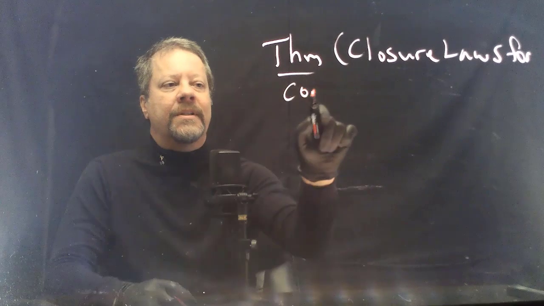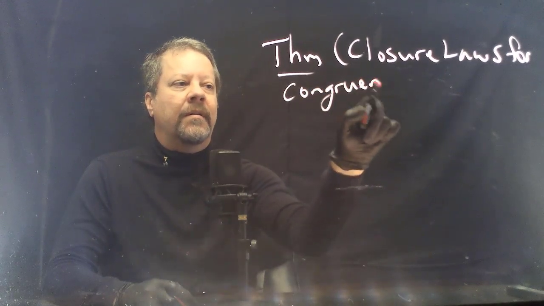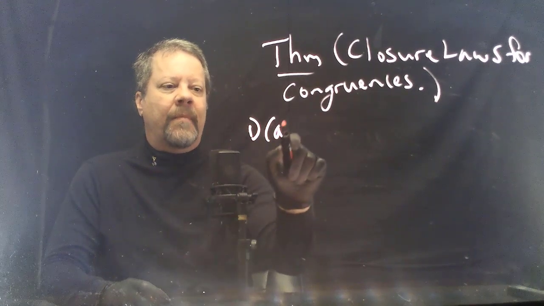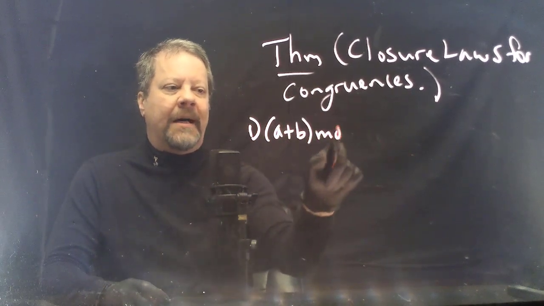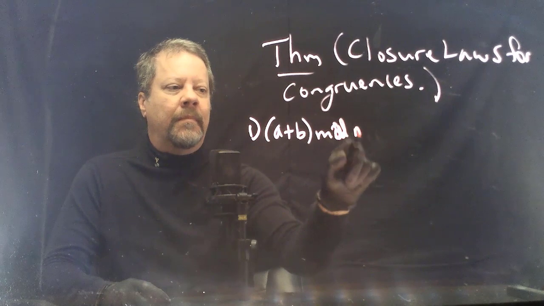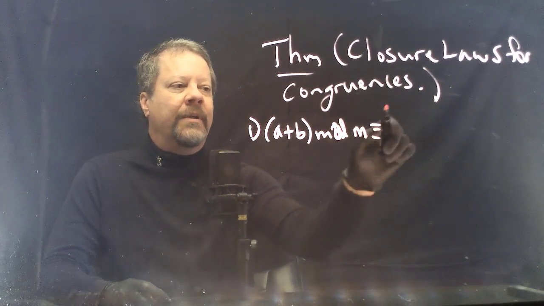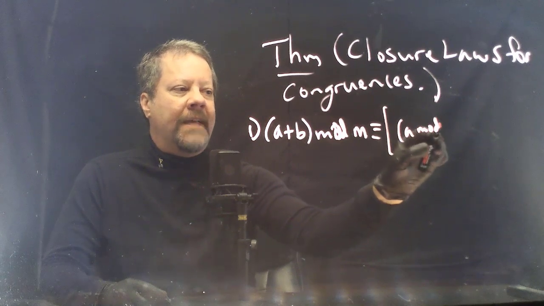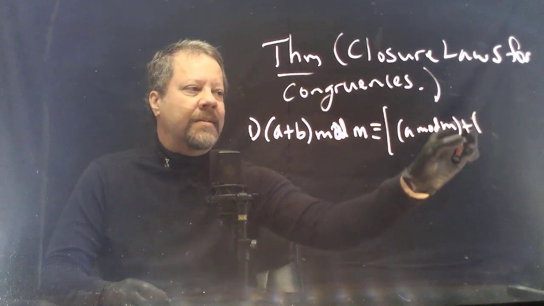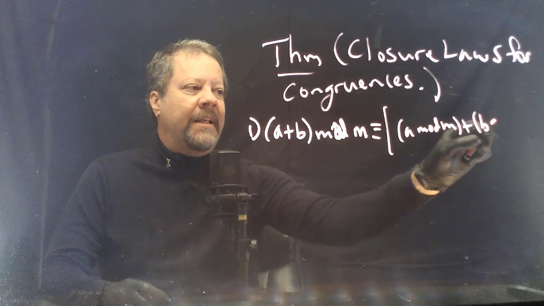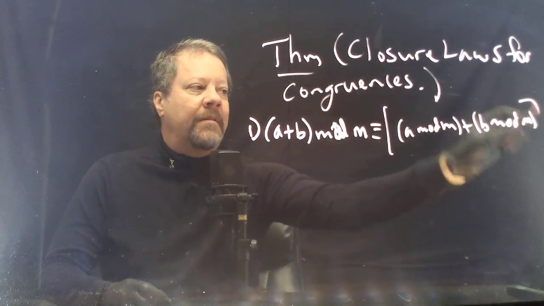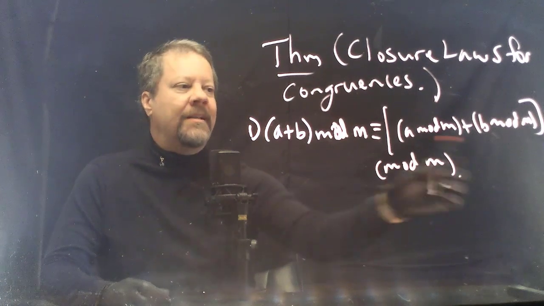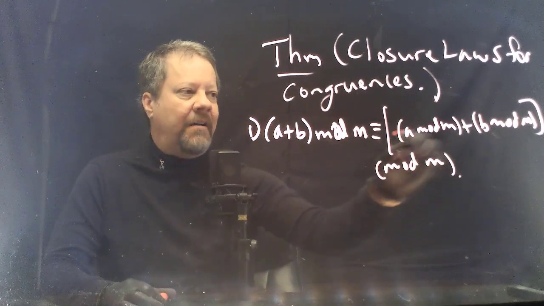There are closure laws for congruences. For example, A plus B mod M will be congruent to the following: A mod M plus B mod M, and then mod M. So you take the modulo M of all of this.